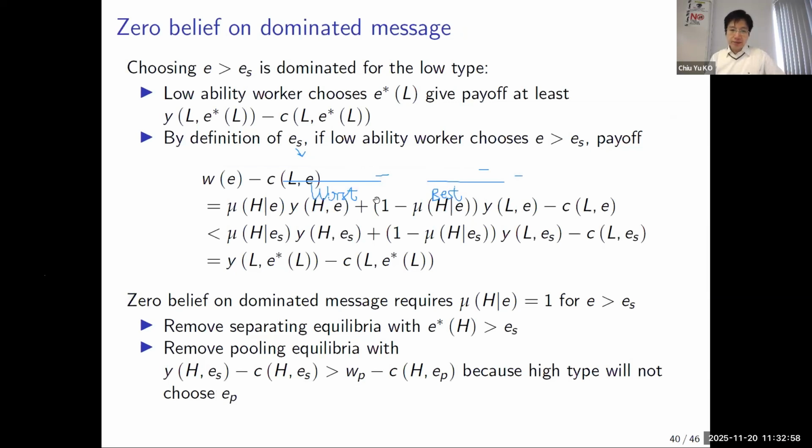So what does that mean? Let's say the following. We argue this is the case: it is dominated for the high type to send more than ES.